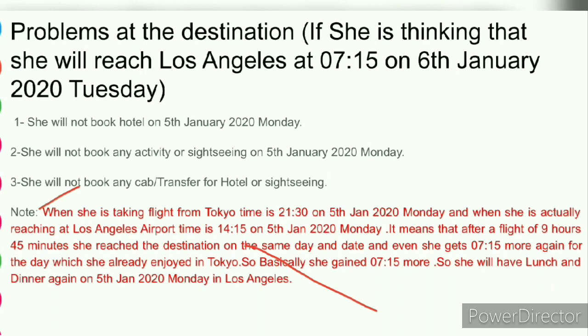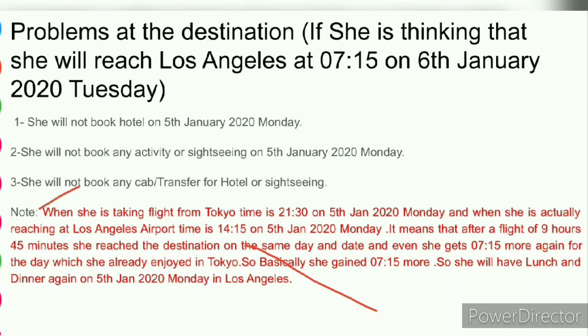It means that after a flight of 9 hours 45 minutes, she has reached the destination on the same day and the same date. She even gets 7 hours 15 minutes more for the day which she already enjoyed in Tokyo. So basically she gained 7 hours 15 minutes more.